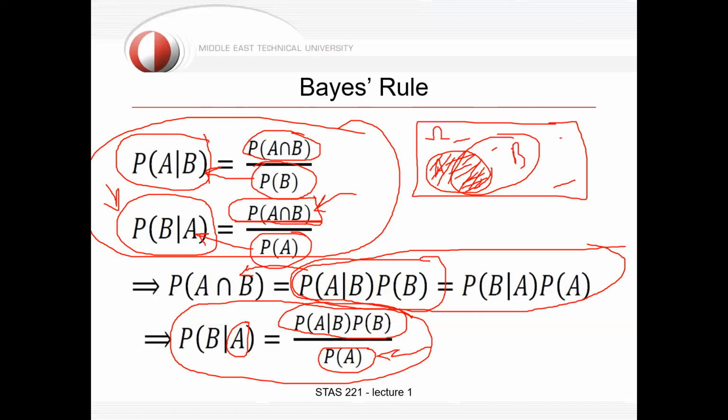And as I said, when you want to calculate, for example, probability of B given A, you can use this formula. If you don't have information about this part, then you can use this formula. So you remember that second component should be here. If you cannot use this one, then by using Bayes' rule, you should use this one.